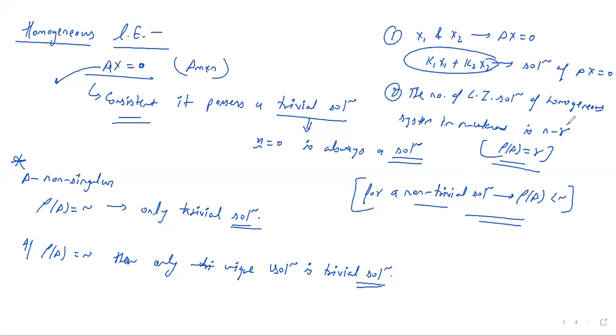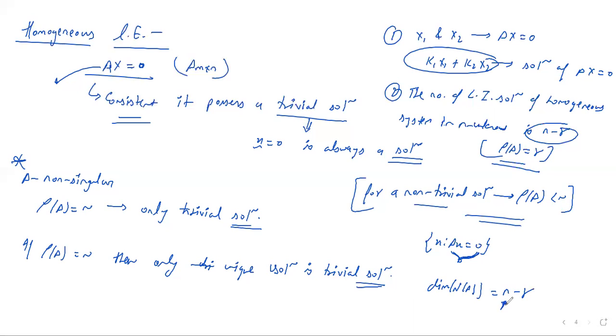So how do we get this n minus r? We get it by the nullity. We have done the concept of nullity, and in that we say that Ax equals 0, the homogeneous system in our linear equation system, forms the null space of the matrix A. The dimension of this null space of A is basically n minus r, where n is the number of unknowns.